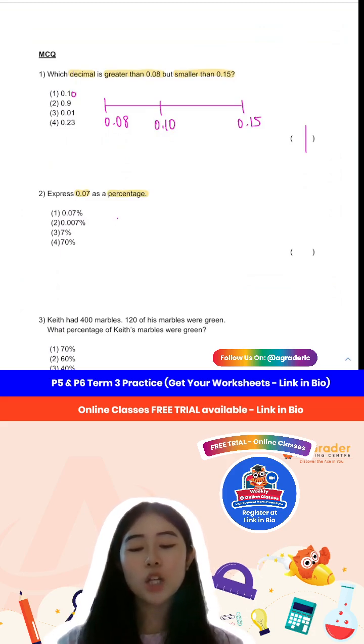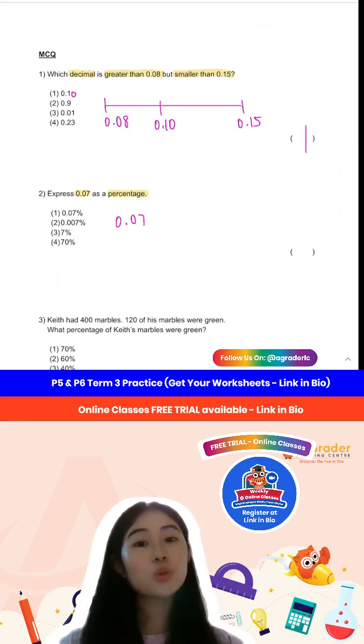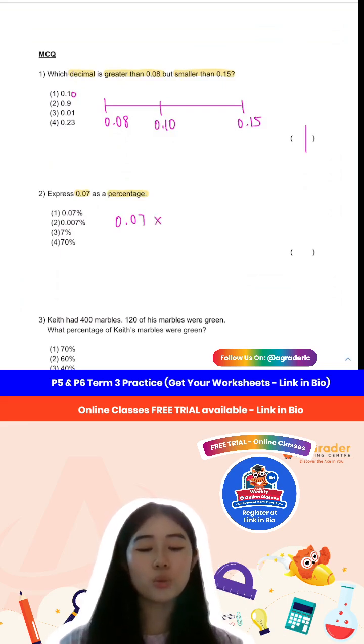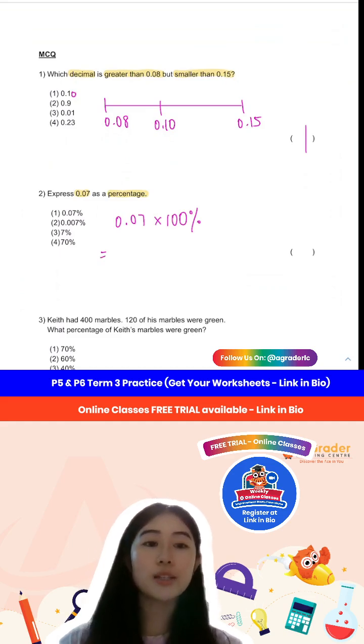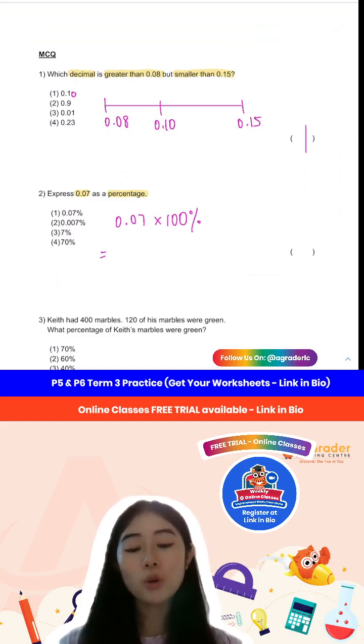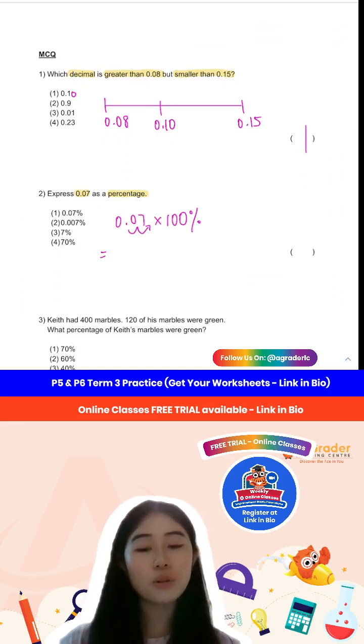So let's see how to change 0.07 to a percentage. For a decimal to a percentage, all you need to do is to times 100%. When you times 100%, 100 has 2 zeros, right? So all you need to do is to move 2 steps towards the right. You shift your decimal place 2 steps to the right, you get exactly 7.